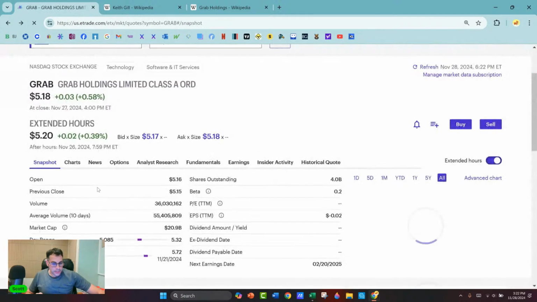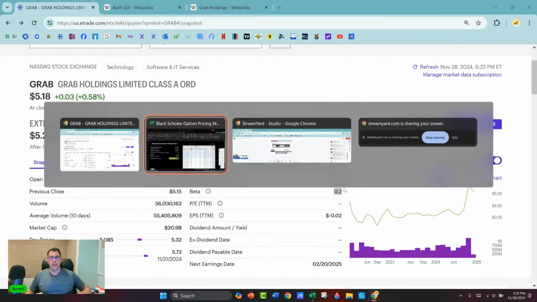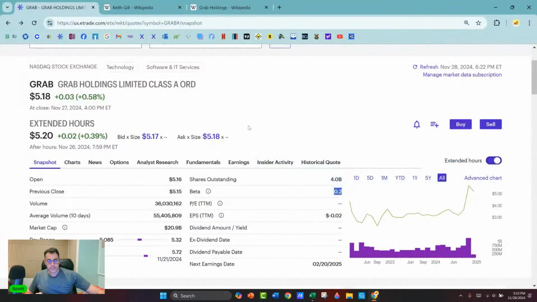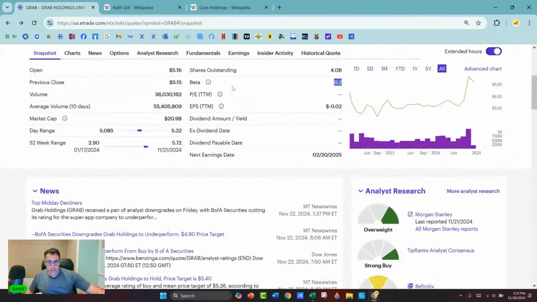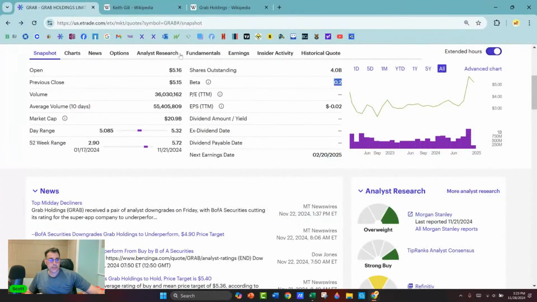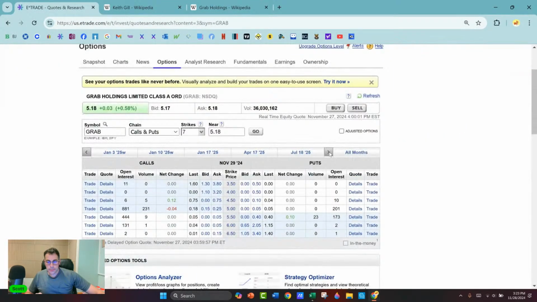This might be, let's see, 0.2 beta, so it's not going to be good. I'm sure they don't pay a dividend. Let's go as far out as we can.